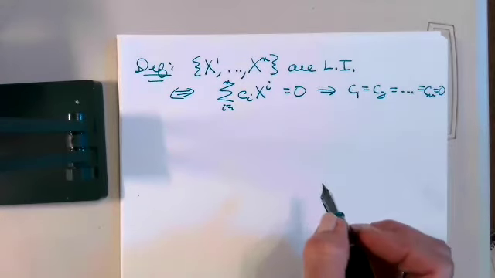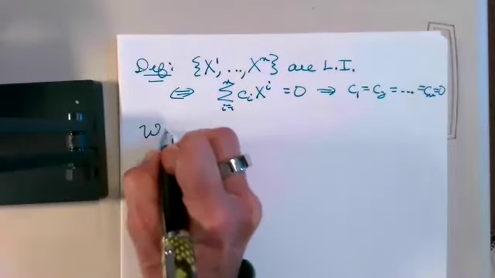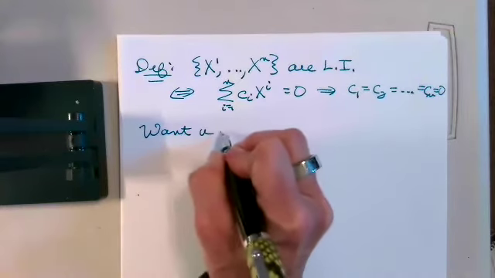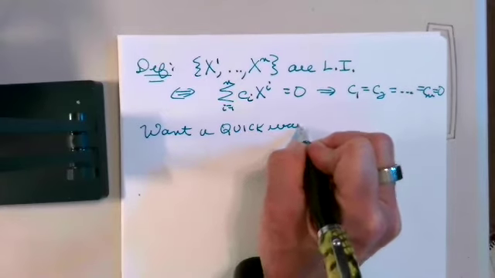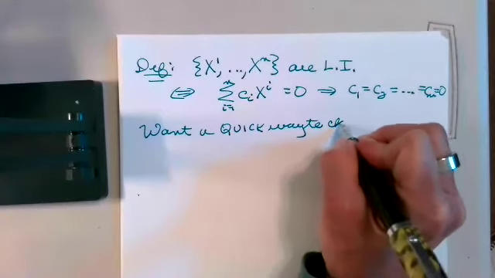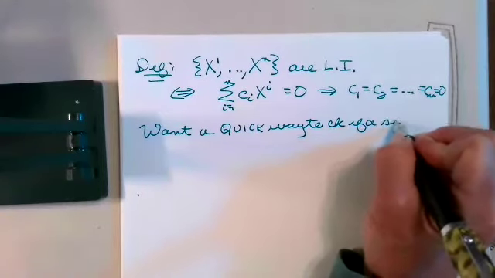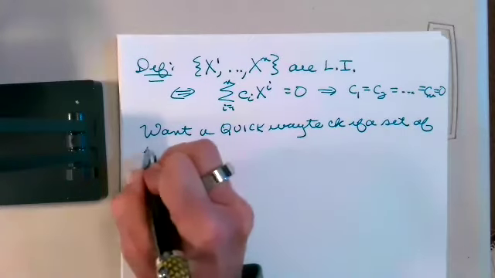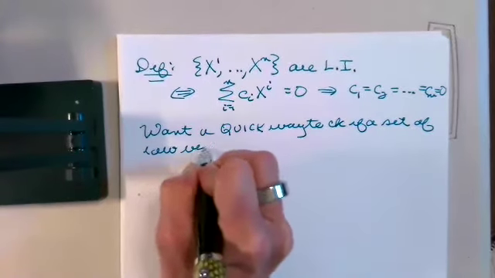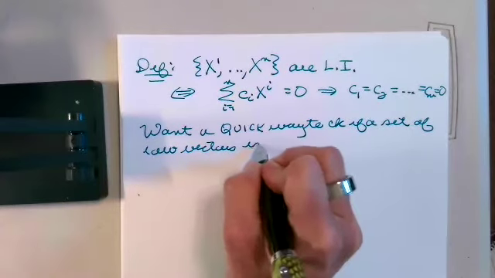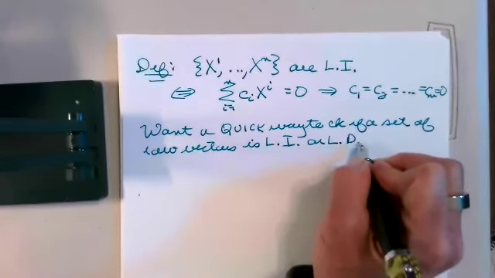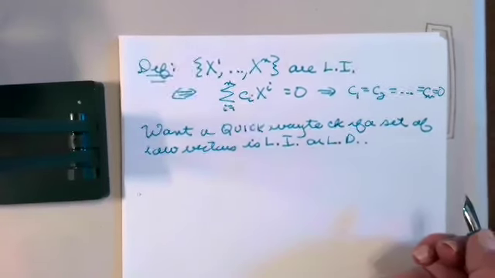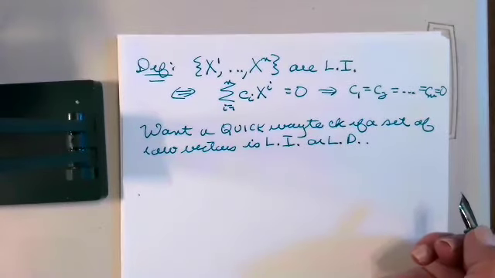So we want a quick way to check if a set of row vectors is linearly independent, or if it's not. And if it's not linearly independent, it's linearly dependent. So how are we going to do that?